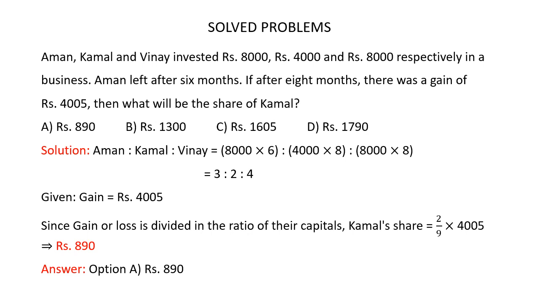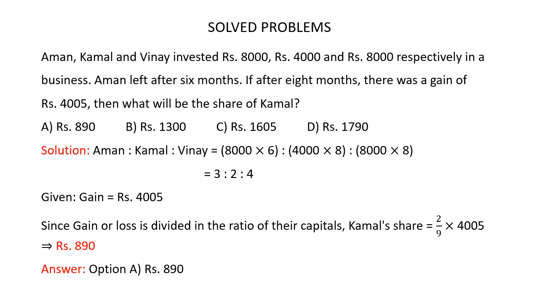Now it's given that after 8 months there was a gain of rupees 4,005. So the investment period is 8 months. Now it's given that Aman invests rupees 8,000 and he left after 6 months. So his investment is 8,000 for 6 months.